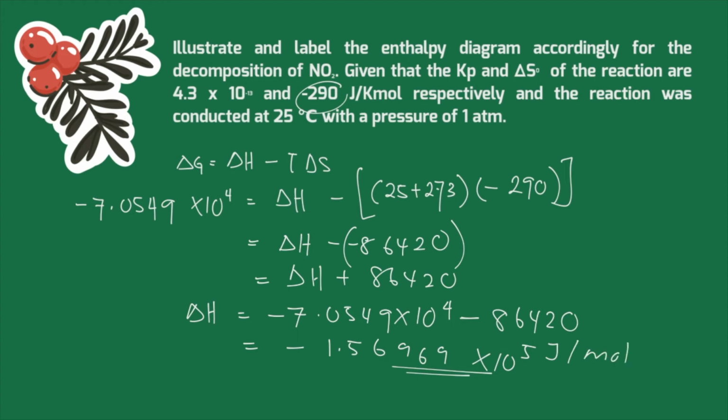So what you're going to look at is this value. So it means that your delta H is negative, where we know that when your delta H is negative, it is an exothermic process.